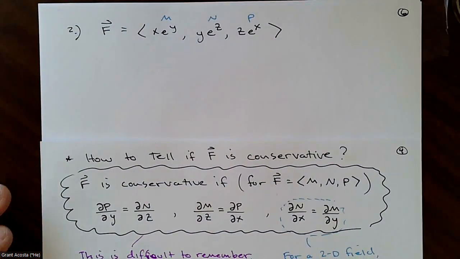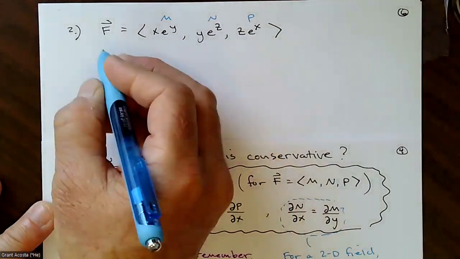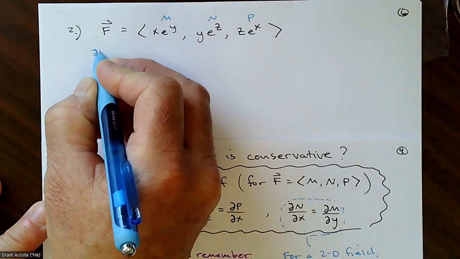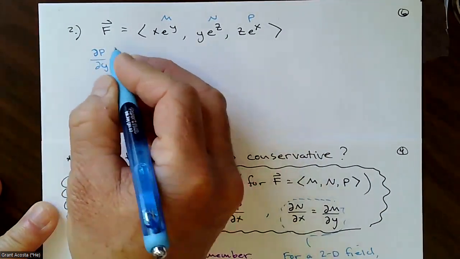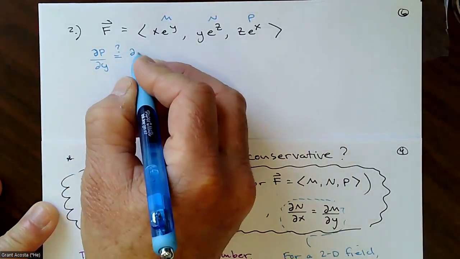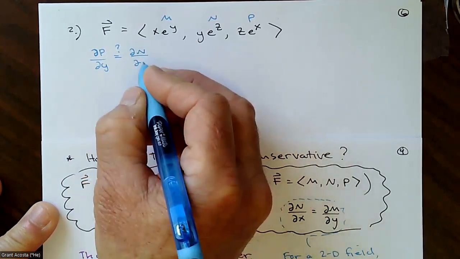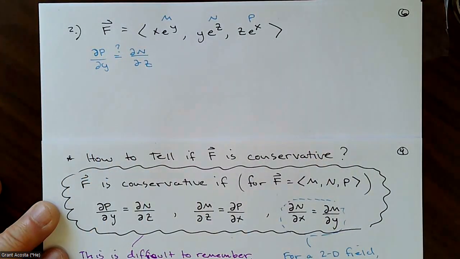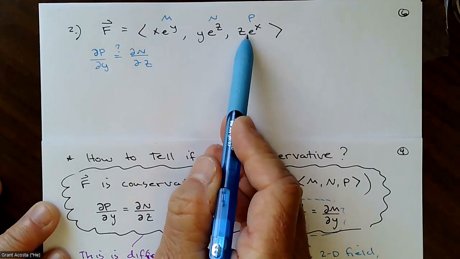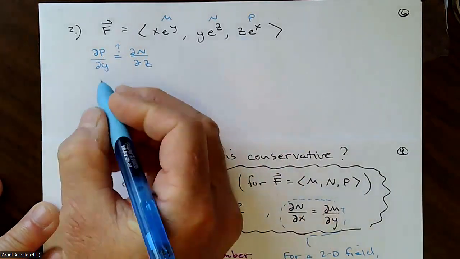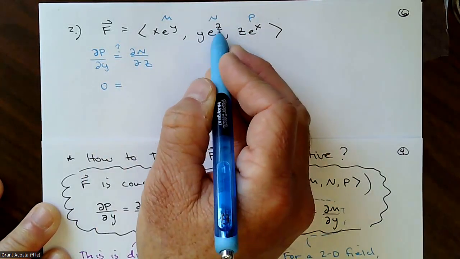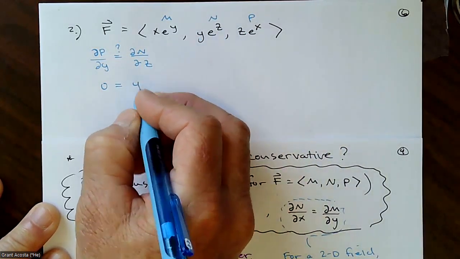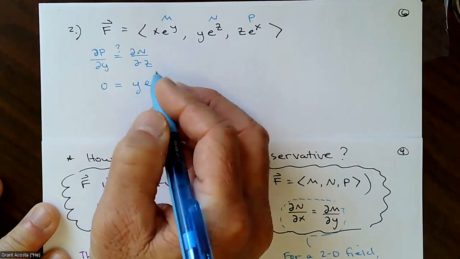So what I need to see is I need to check to see if the partial of P with respect to y equals, I'll put a question mark, the partial of N with respect to z. Well, the partial of P with respect to y is 0, right? There is no y in there. The partial of N with respect to z, y is a constant, is going to be y e to the z.